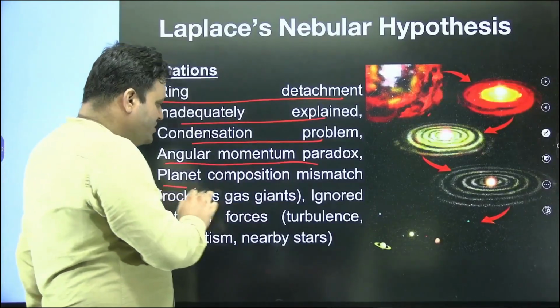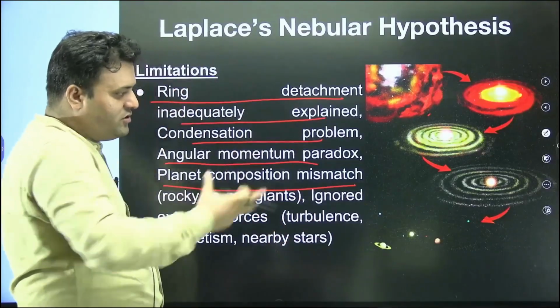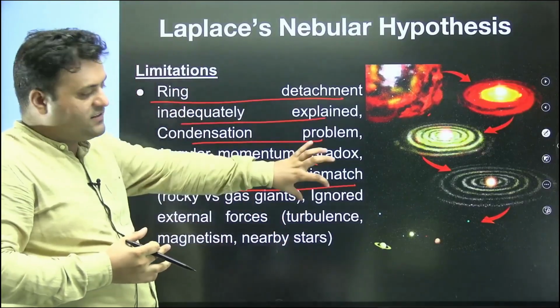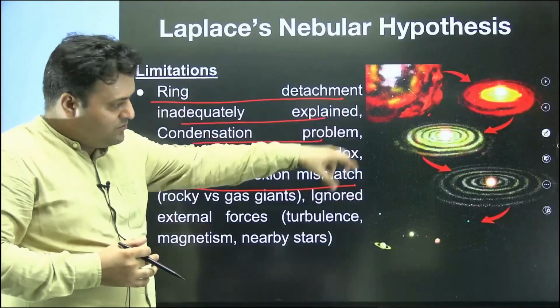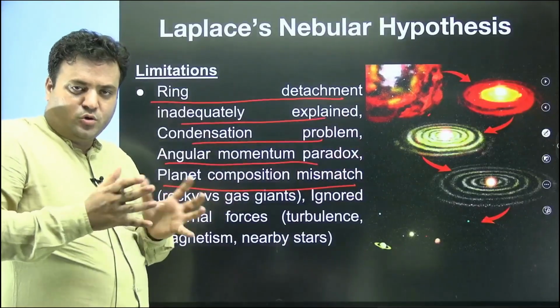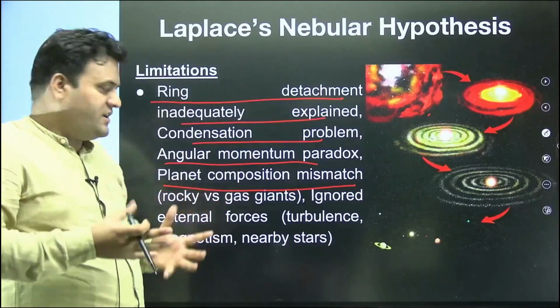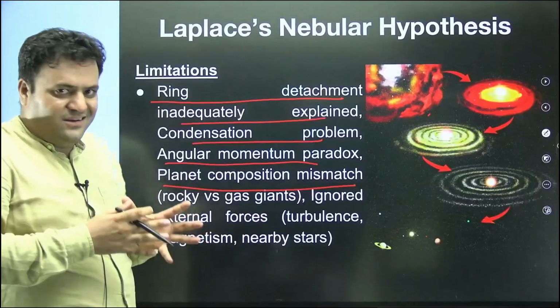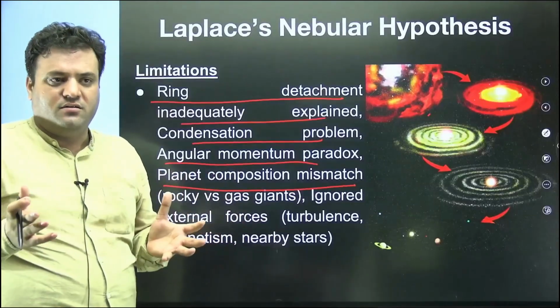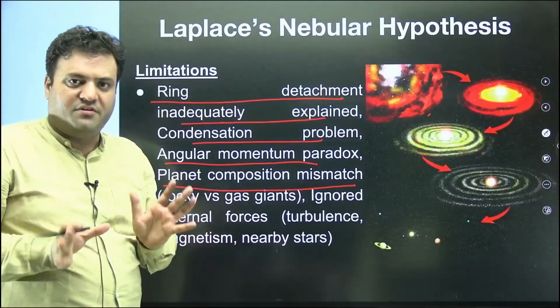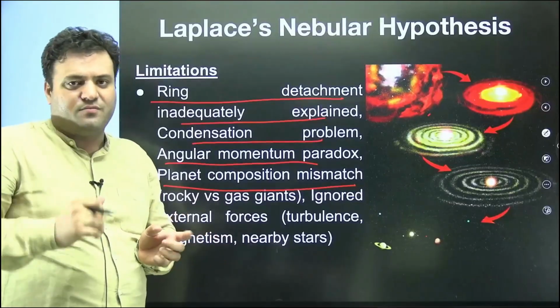Planet composition mismatch. Now as per this theory, the gaseous lumps which were there became cool, became solidified, and the planets were there. So in technicality, if we see our modern solar system, we have rocky planets, and we also have gaseous planets as well.